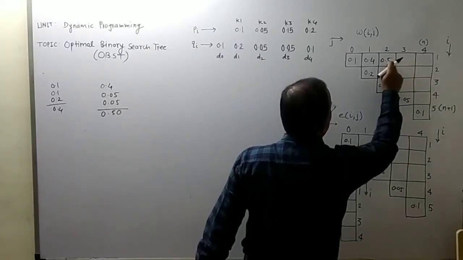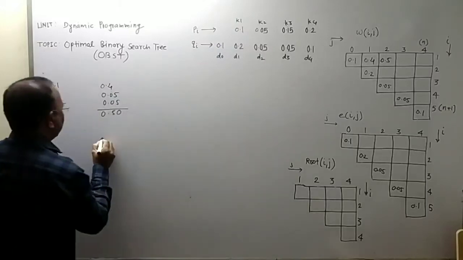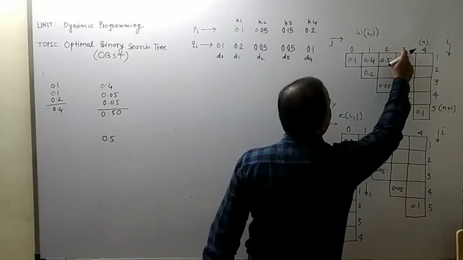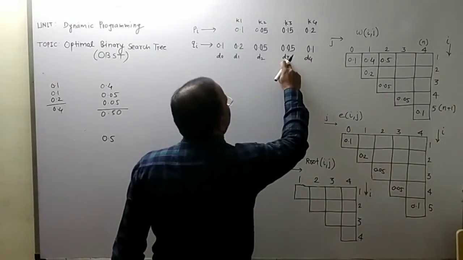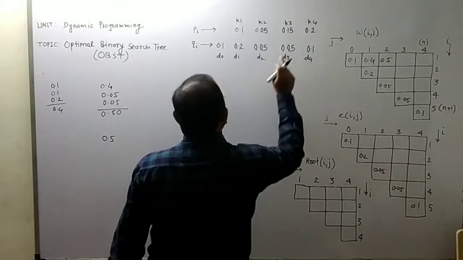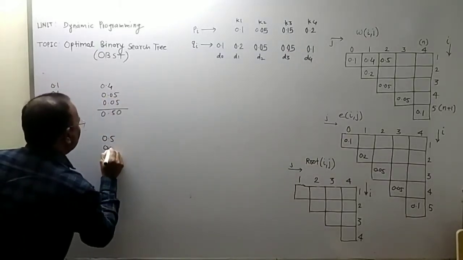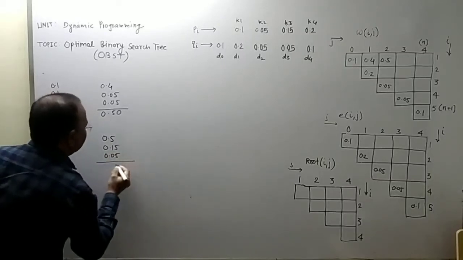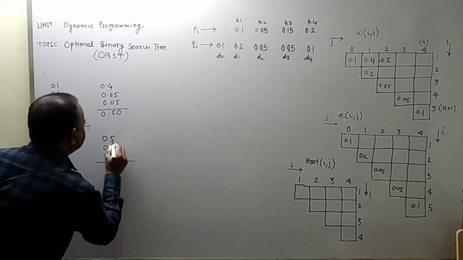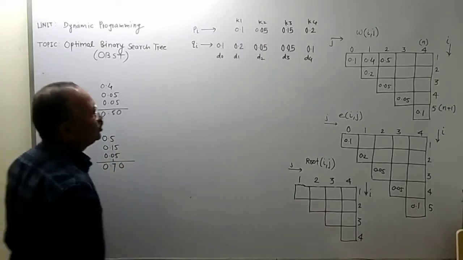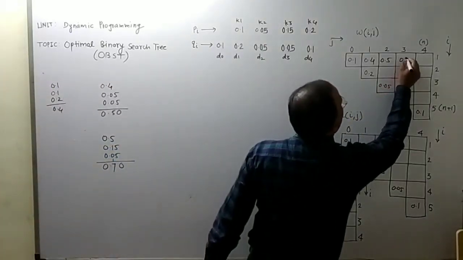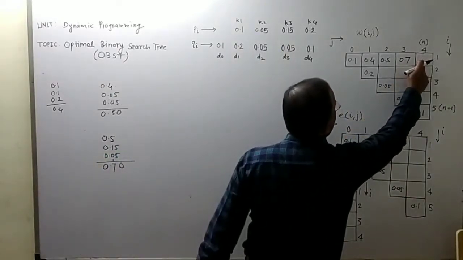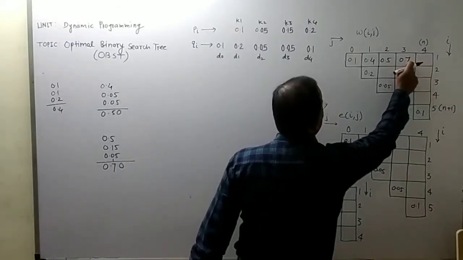Then we have to refer to the previous value, that is 0.5, and add the probabilities of actual key K3 and dummy key D3, that is 0.15 plus 0.05, which is equal to 0.7. Now for this cell, refer to the previous value, that is 0.7.